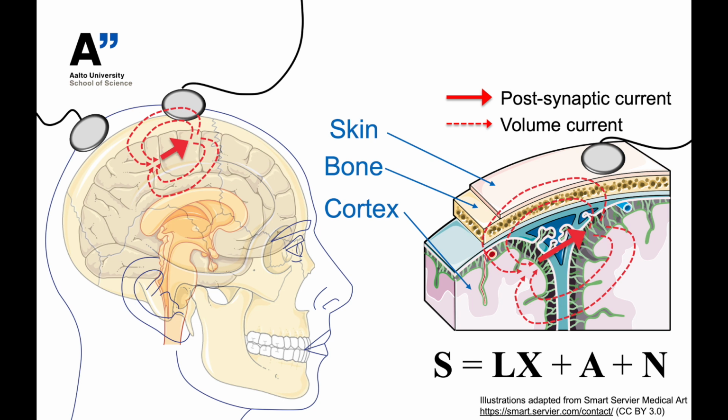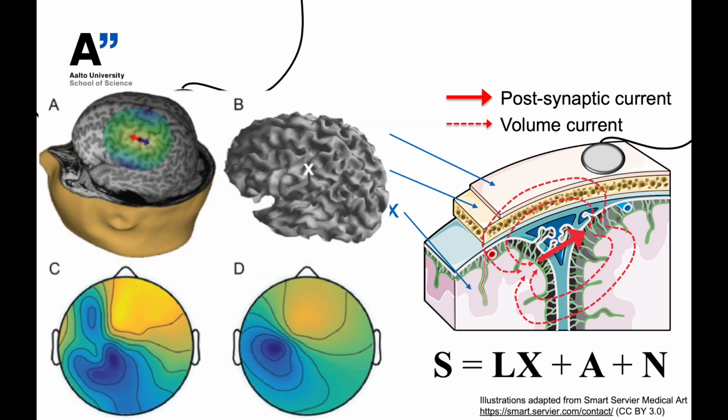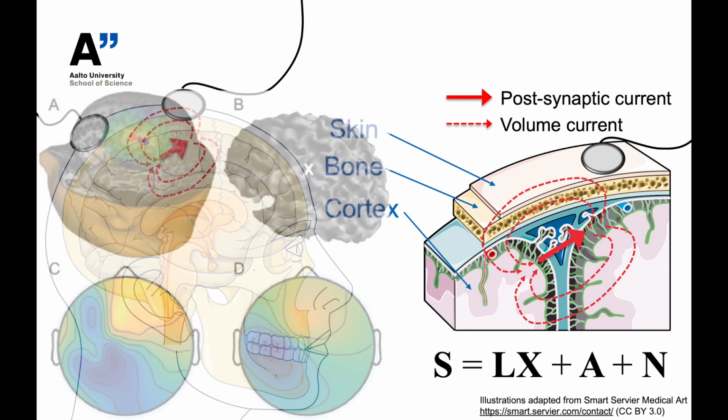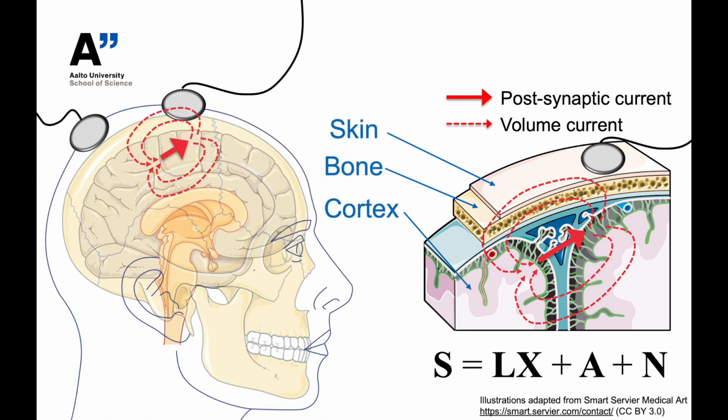Now, because of this conductive structure of the head, we know that the genuine neuronal responses generate topographies that are rather smeared and that have rather low spatial resolution. This is not the case for many of the artifact sources. For instance, the TMS evoked muscle artifacts can have topographies that have a much higher spatial resolution.